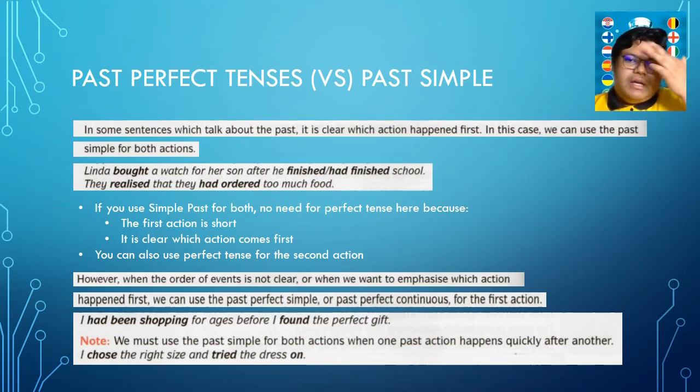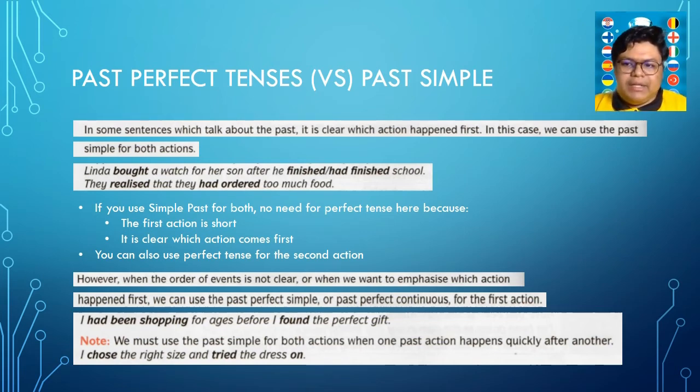So itulah sedikit sebanyak perbezaan antara kita gunakan past perfect tense dengan past simple tense. Note, okay, ada satu lagi situasi pula di mana kita wajib gunakan past simple tense. Past simple tense maksudnya tak ada had apa semua tu untuk kedua-dua action.